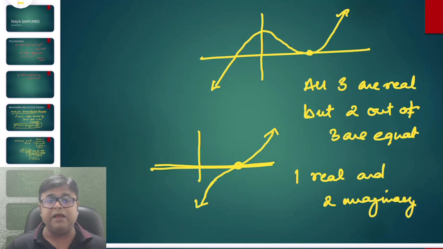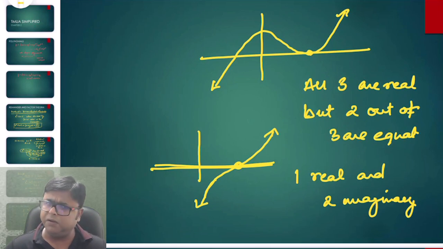How to figure out how many roots a cubic polynomial or a degree 4 polynomial has, we will cover in differentiation also, because through the concepts of maxima, minima and points of inflection, we can figure out how many real roots a cubic has. But right now, these are the cases which can happen. Either all three roots are real and distinct, or three roots are real but two out of three are equal.